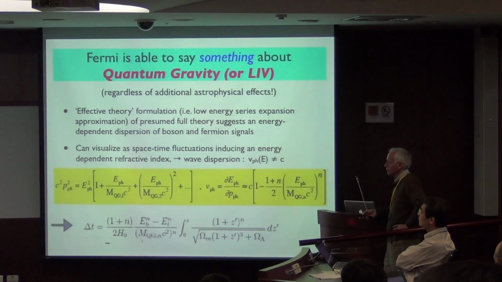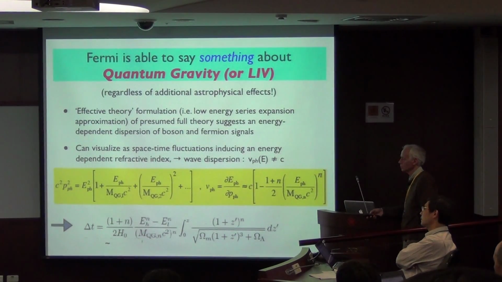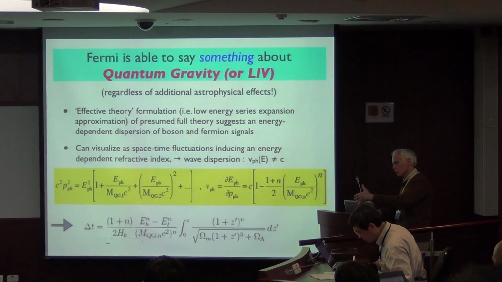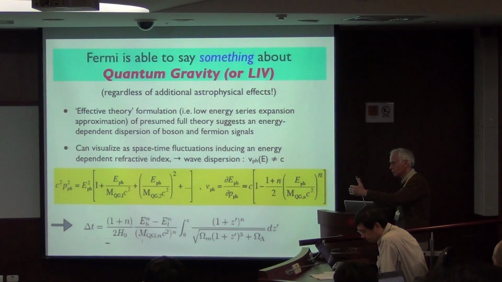And if you do that, then what these effective theories indicate is that there will be an energy-dependent dispersion of both boson and fermion signals. Namely that either bosons or fermions, either neutrinos or photons or whatever, will travel at an effective speed. It's as if they had a refractive index, that they will travel at different phase velocities.